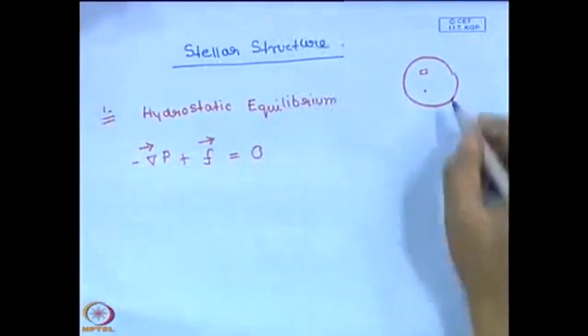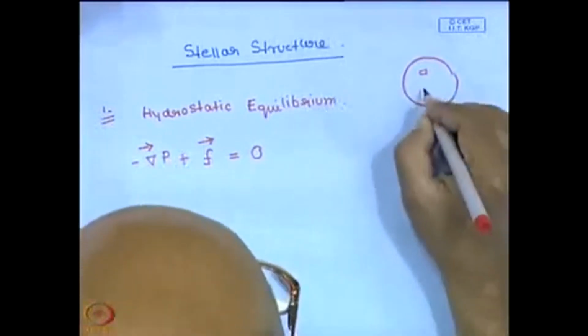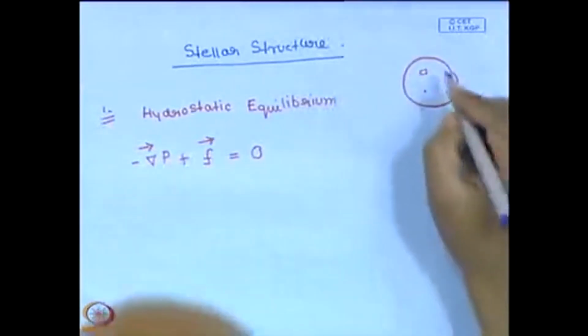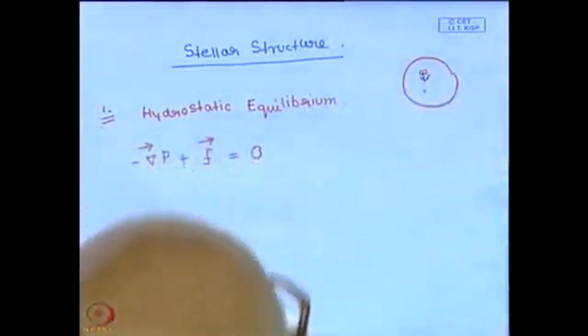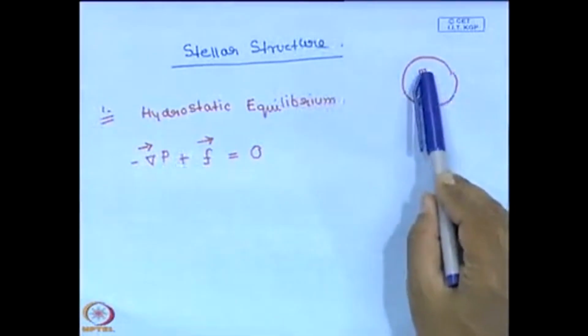Okay. So, here every fluid element is being pulled inwards by gravity. This is spherically symmetric, and the gravitational acceleration acts to pull this fluid element inwards.